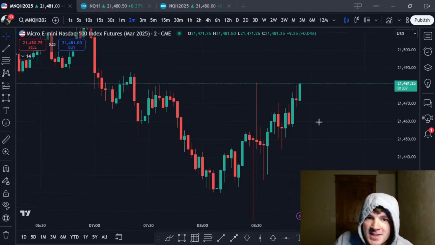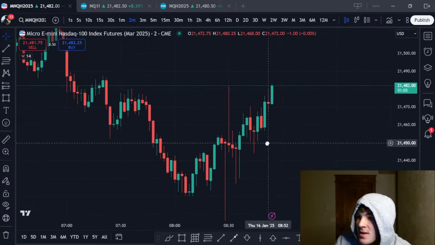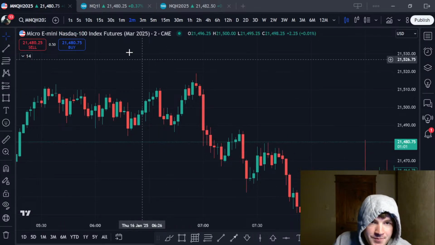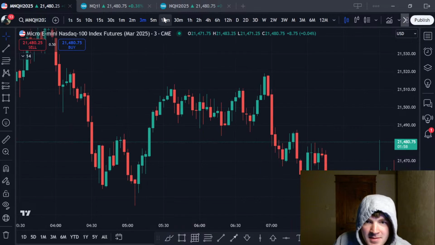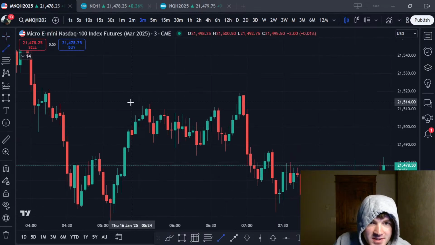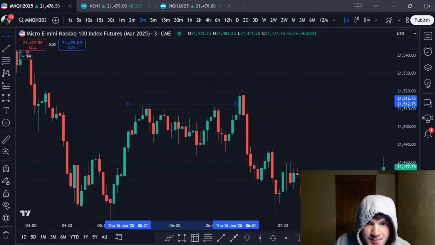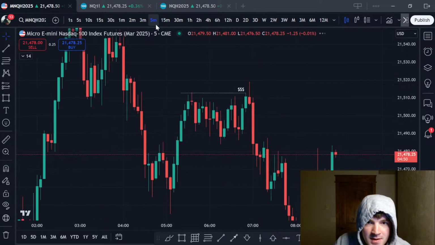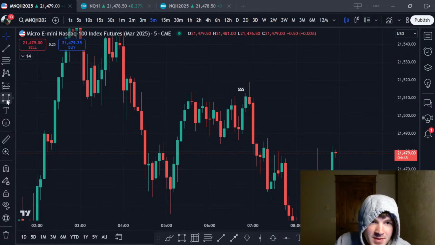Looks like we are hitting this data high. Okay, so the data high was taken. We have a decent breaker right here, actually. So we have this 5-minute breaker overlapping with this fair value gap.